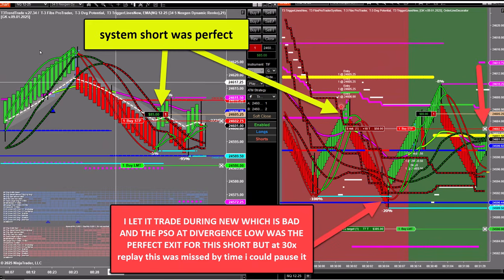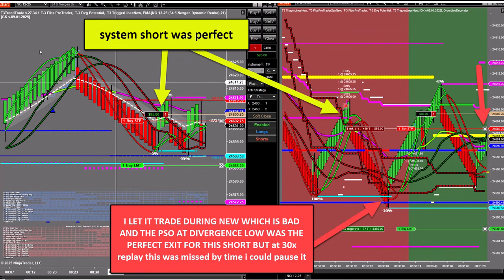And then look, system short was perfect. Unfortunately, I forgot about news on Thursday at 8:30 when I was doing this replay, just lessons. But the system did a fantastic trade. It went short, and it made it to fibs on both charts with pivot stop outs on both charts, which would have been the perfect exit, but it got out break even.